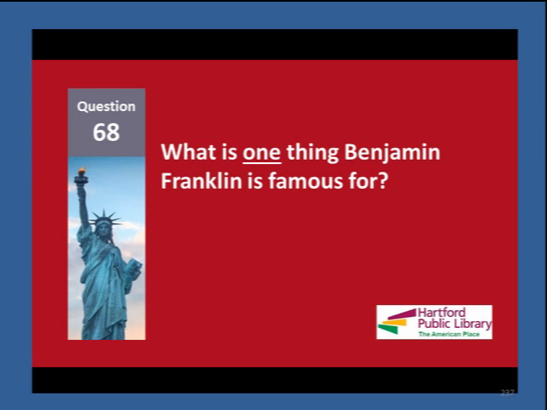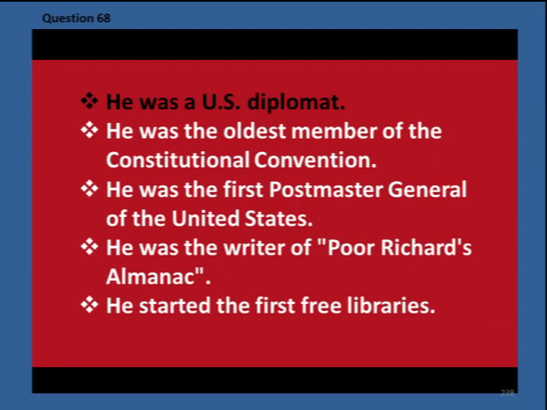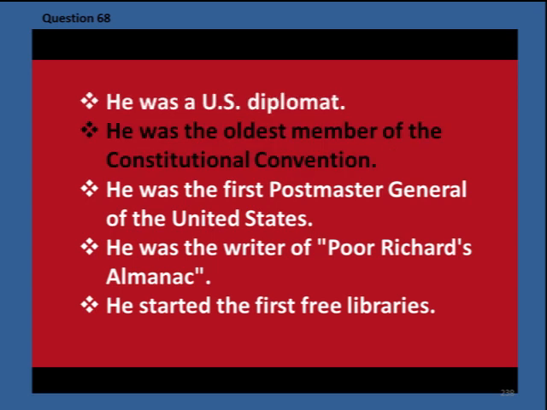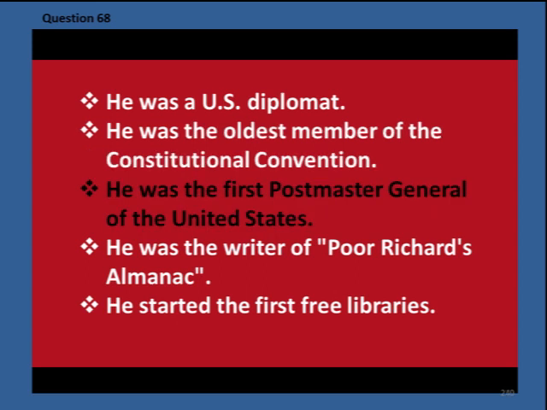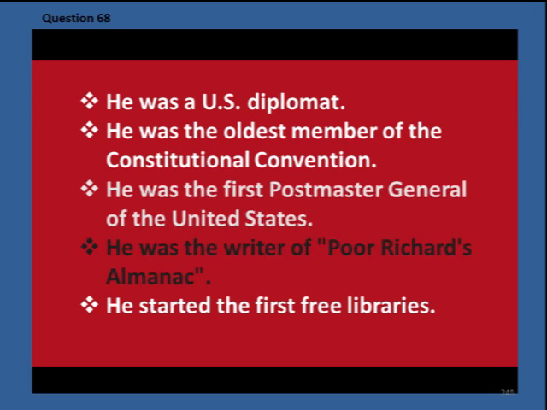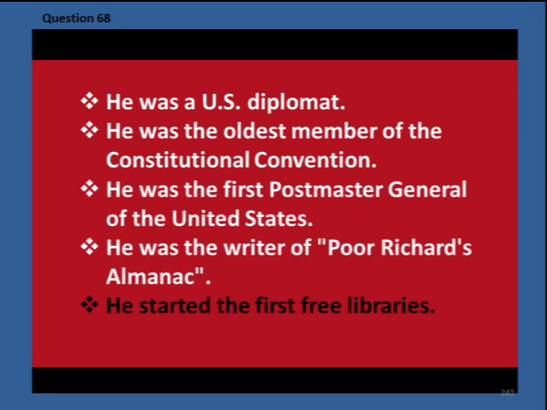Question 68. What was one thing Benjamin Franklin is famous for? Benjamin Franklin is famous for being a U.S. diplomat. He was also the oldest member of the Constitutional Convention, the first Postmaster General of the United States, the writer of Poor Richard's Almanac, and he started the first free libraries.